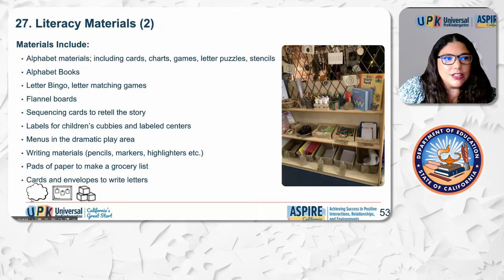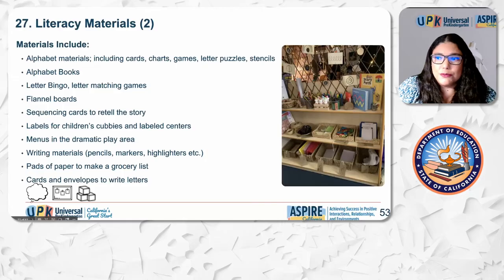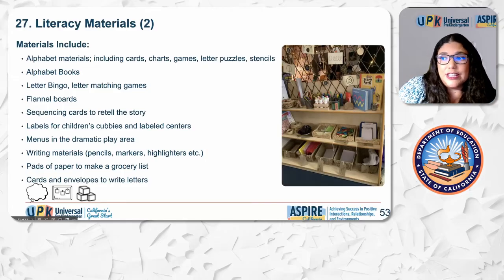We have sequencing cards to retell a story, labels, having those labels around your classroom to label children's cubbies, label the different centers in your environment, menus in the dramatic play area, writing materials. You want to have pads of paper for grocery lists, for restaurant orders, cards and envelopes to write letters.